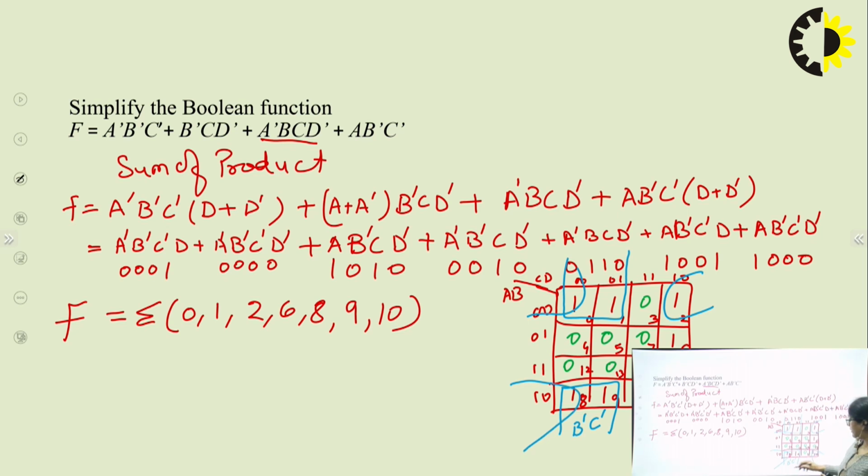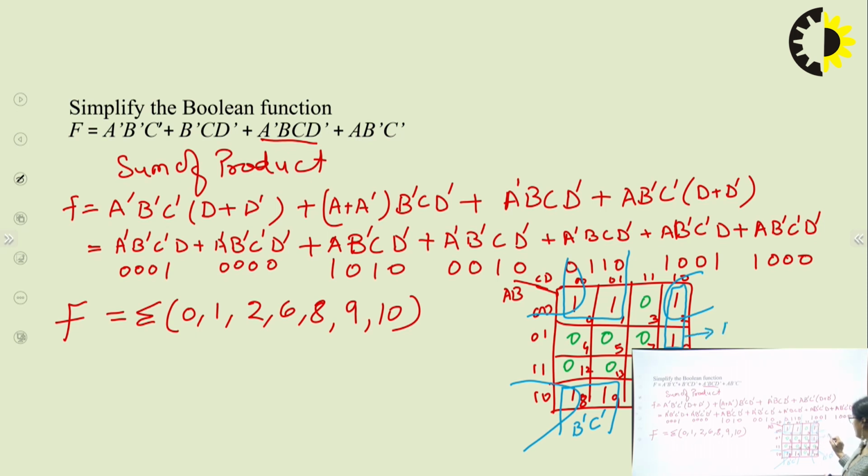When we club these 4, we find A is missing, so only B remains, B dash, and here B is there and D dash is there, because C is changing. This one is remaining, so we have to make a pair with this. So it is not having any quad, we are having a pair.